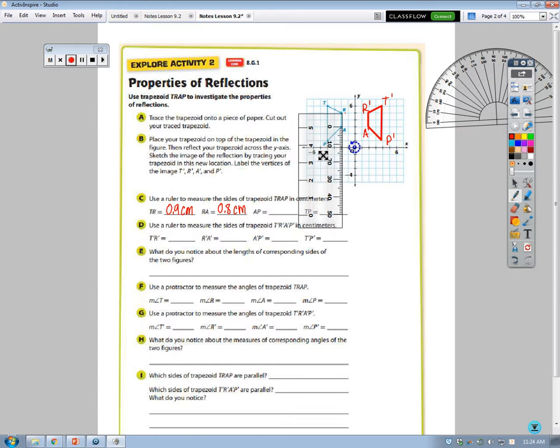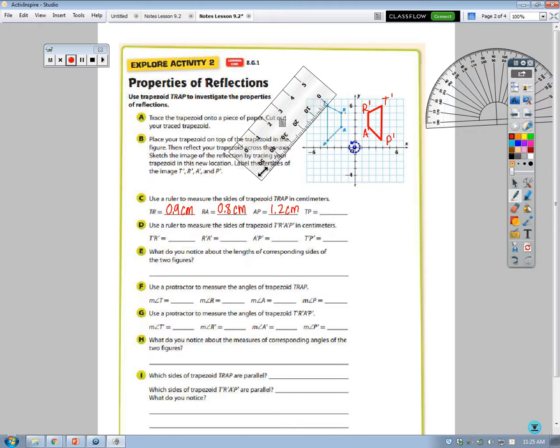Measure side AP, do a little rotation here, and I think I'm looking at about 1.1, 1.2, looks like about 1.2, okay, so I'm going to do 1.2 centimeters, and then I'm going to measure side TP, so I'm going to take this, move this up, make sure it's lined up here.